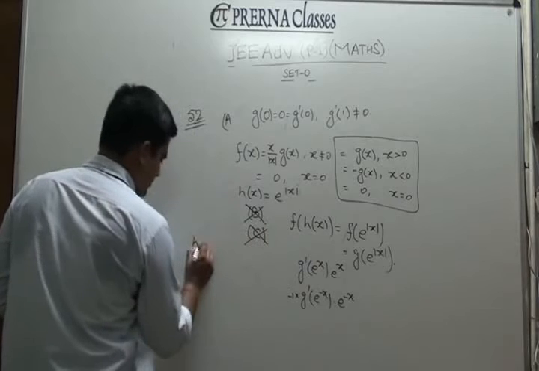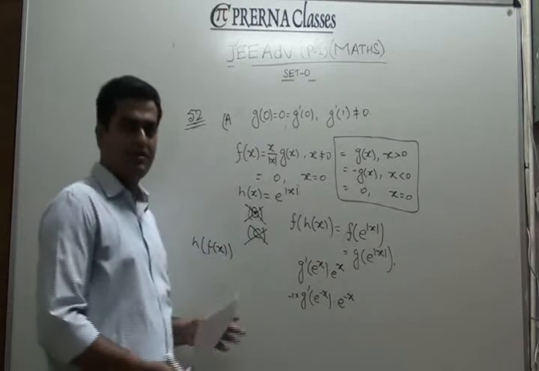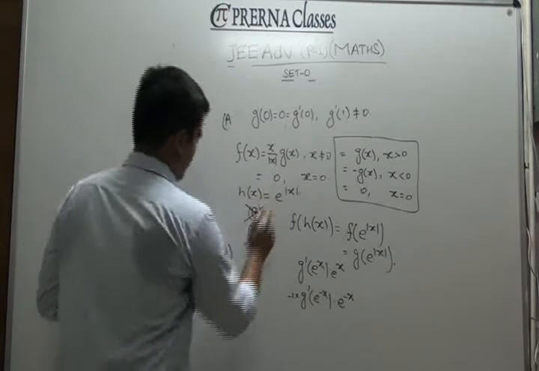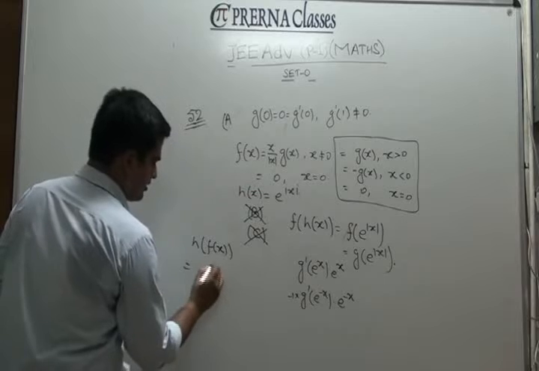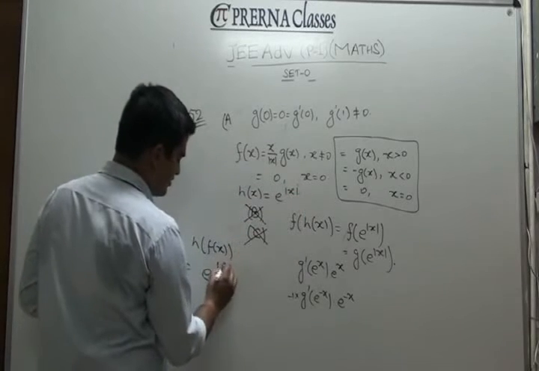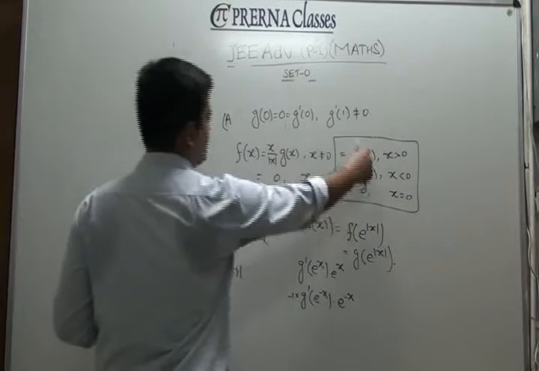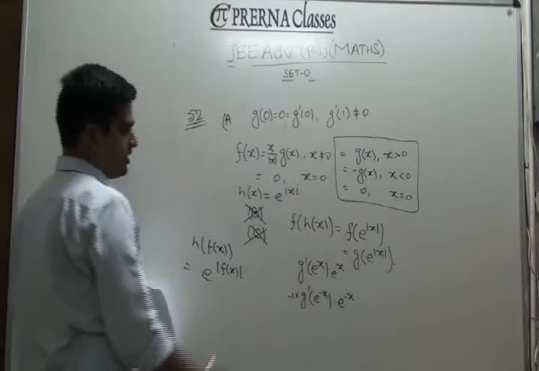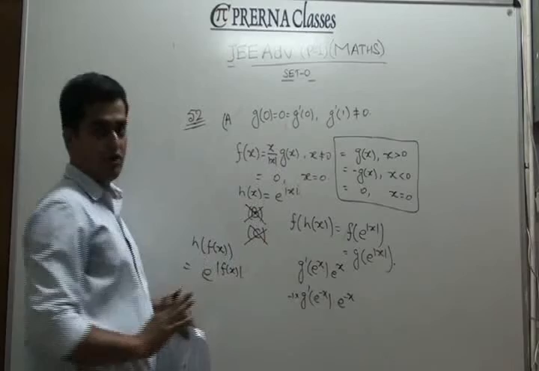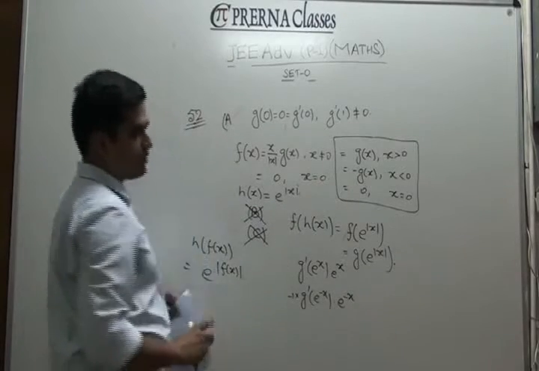Then you have h of f of x. Again you have to discuss its differentiability at 0. As far as h of f of x is concerned, we have to consider e to the power, then instead of mod of x you have to consider mod of f of x, and f of x has these three different definitions. You can check, if you take positive x, this is going to be e to the power mod of gx, and this is going to be e to the power minus of gx.